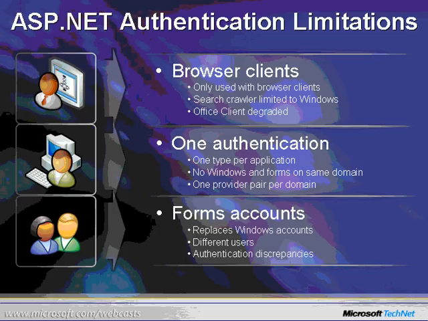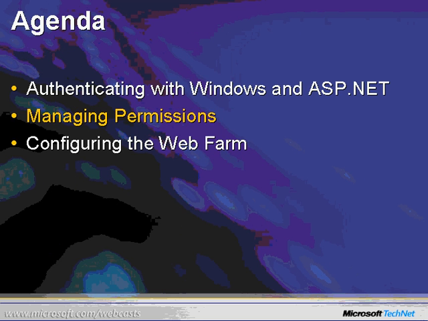In addition, there's only one authentication type per web app. With ASP.NET authentication, there are no Windows and Forms in the same domain. Therefore, there can only be one provider pair per domain. And then finally, with ASP.NET authentication, Forms accounts are used instead of Windows accounts. The Forms user is not the same as the Windows user, so there may be some discrepancies when authenticating.